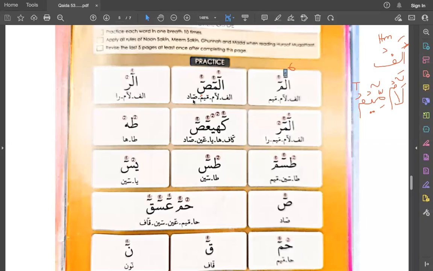The rule will be idhar shafawi. Alif, lam, mim, sad. Sad will be 6 counts too, and then after completing sad, there will be qalqala on dal.